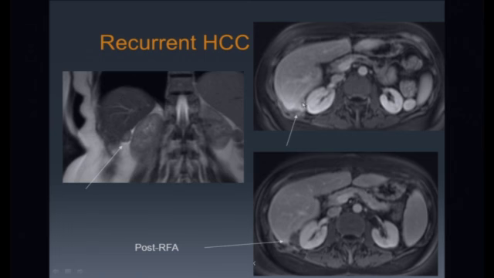This is seen to enhance post-contrast, and the image on the bottom is following radiofrequency ablation performed by our interventionalist. The little residue of HCC here has been successfully ablated.